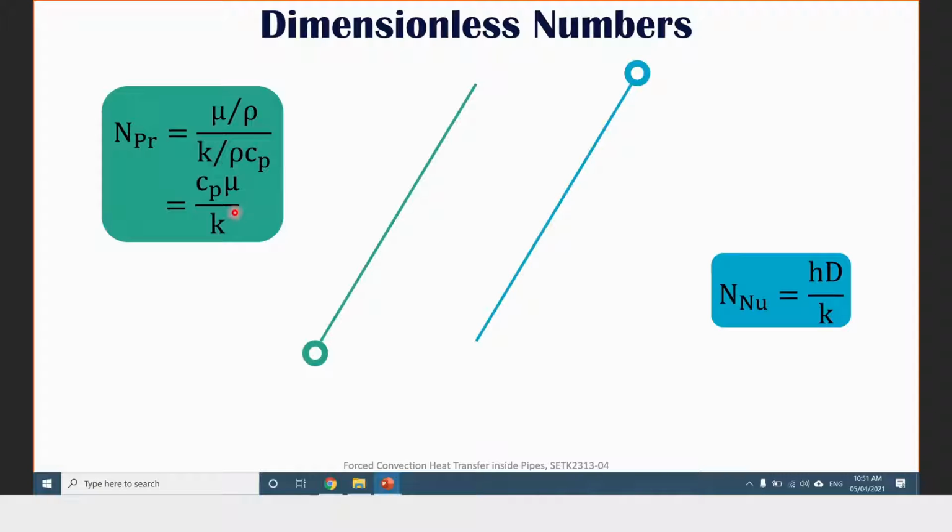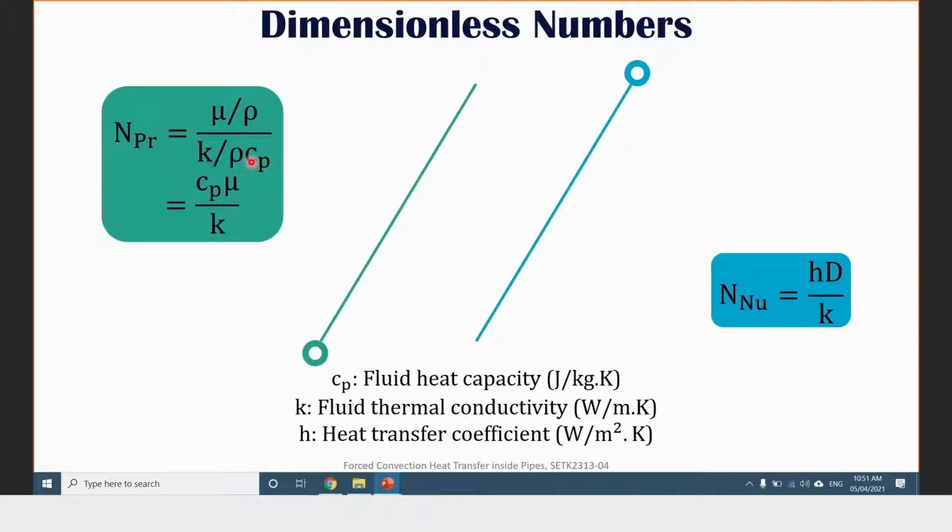We also have the Nusselt number, where H is the heat transfer coefficient, K is the thermal conductivity, and Cp is the heat capacity.